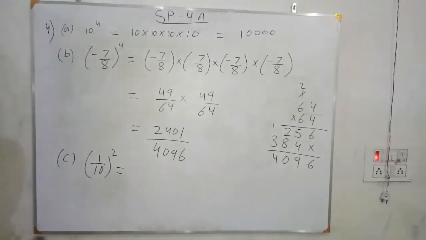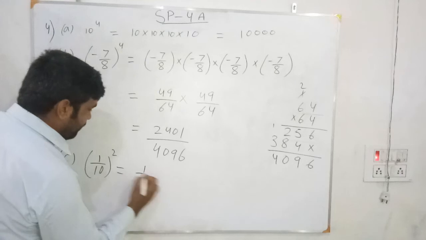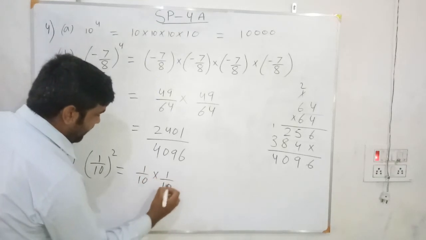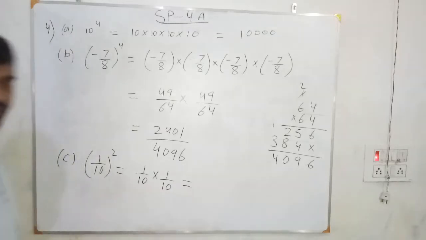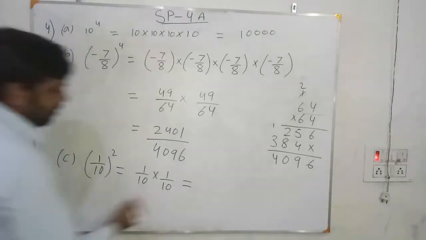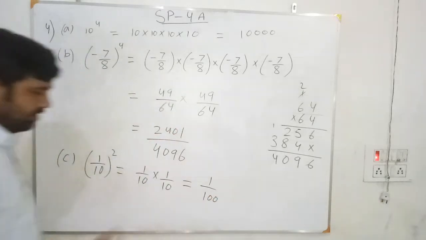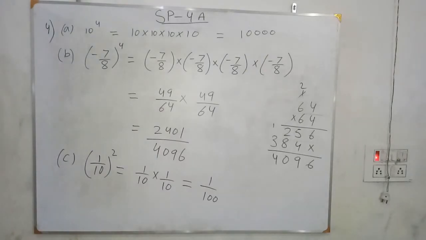This means its repeated multiplication will be: the base is 1 by 10, so multiply the base by itself 2 times, 1 by 10 multiply 1 by 10. And what will be its value? 1 by 100, since 10 times 10 is 100. Okay. So 4D is the last question, we'll do 4D.